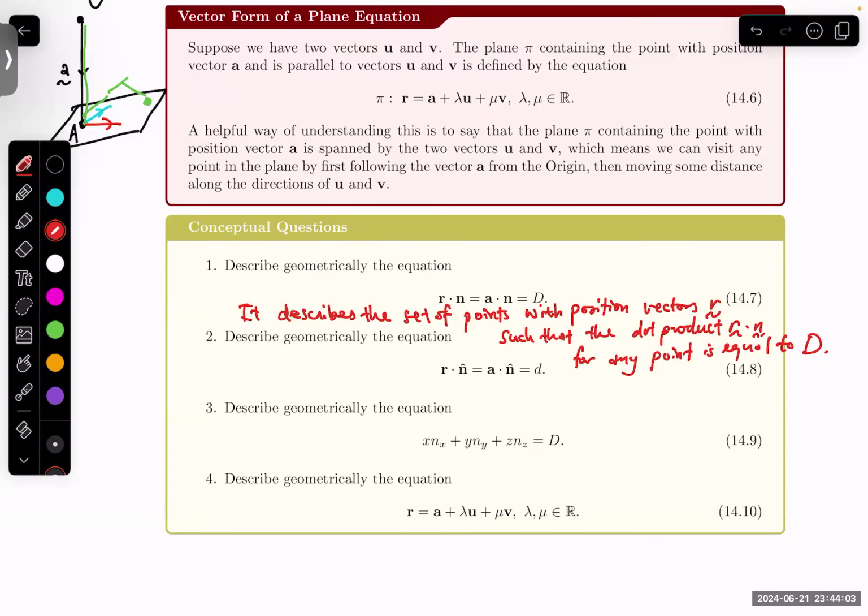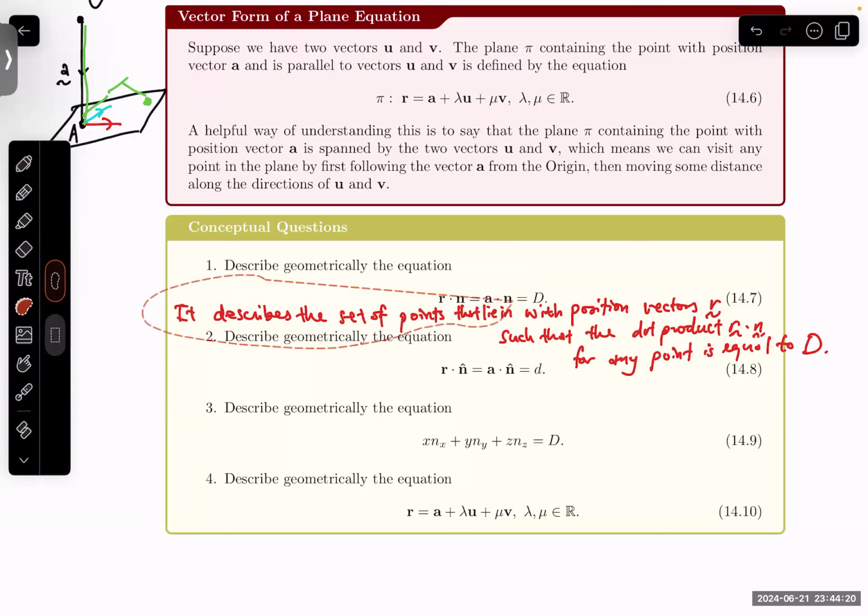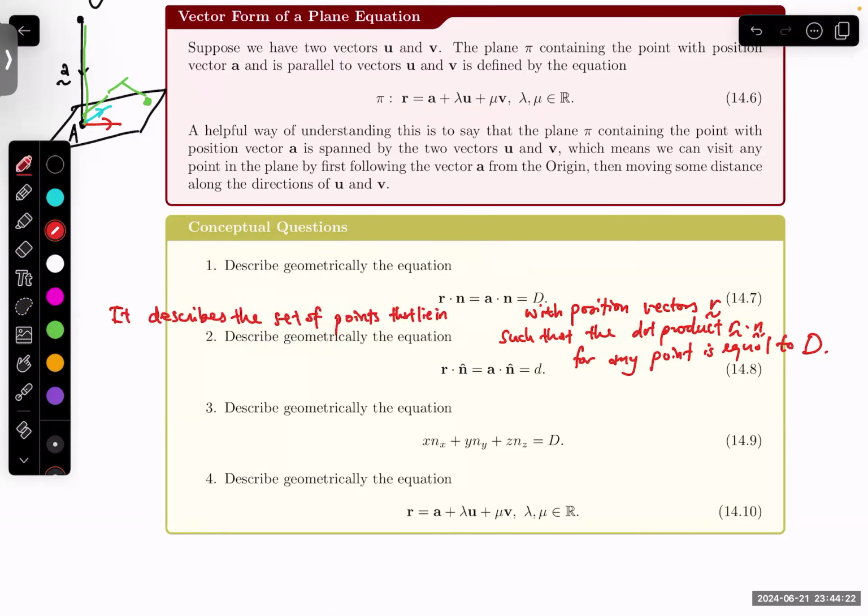Then you can just slip in a mention of a plane. It describes the set of points which lie in a plane, with position vectors that satisfy this thing.